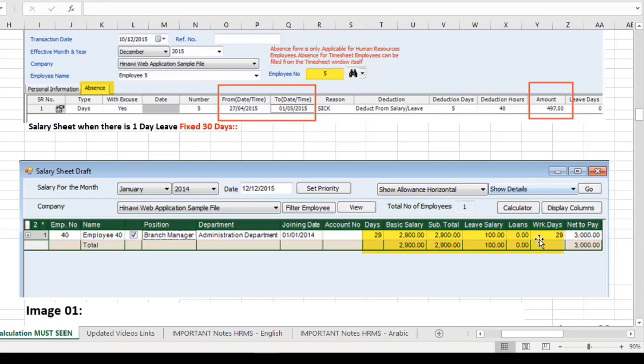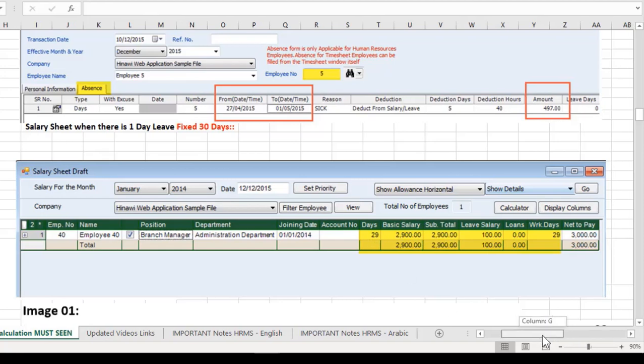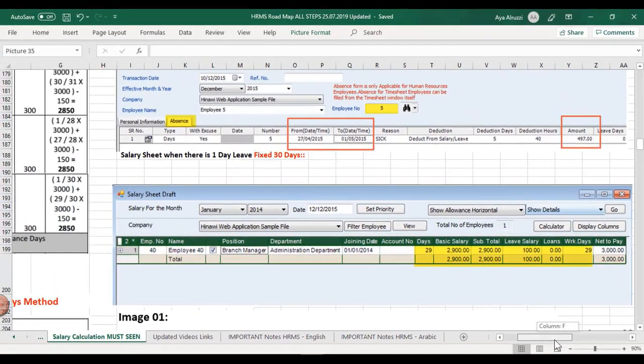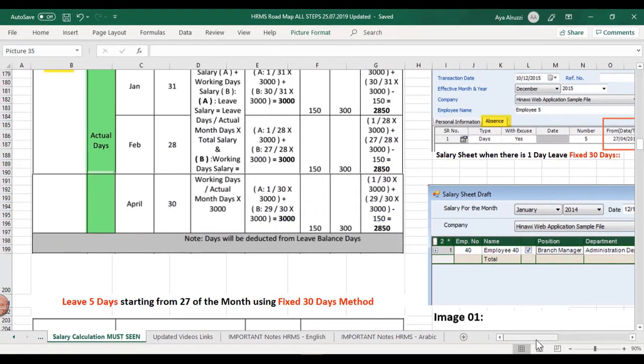So basically, this is how the leave is calculated when 1 day is taken. The net to pay is 3,000, and the subtotal here is 2,900. So that's the amount which will be paid since it's 29 days. So that's how it's calculated.